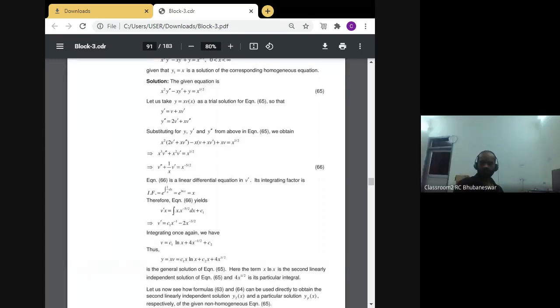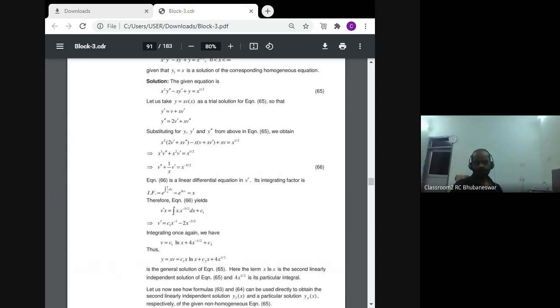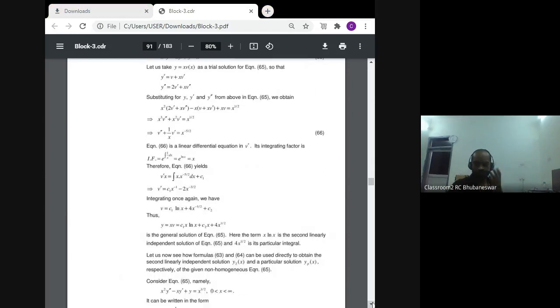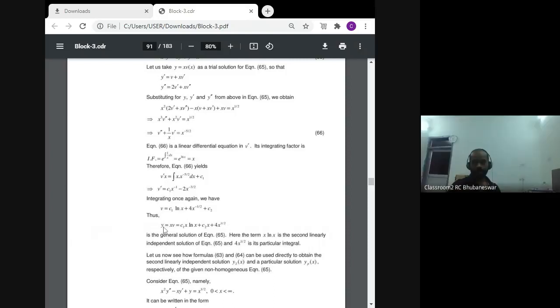First, we have taken a trial solution by taking the unknown function v, and in this procedure we have calculated the value of unknown function v, and finally we are using that particular value to express the solution, y equal to x into v.